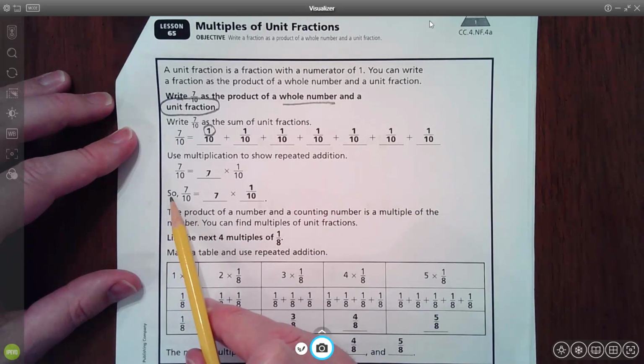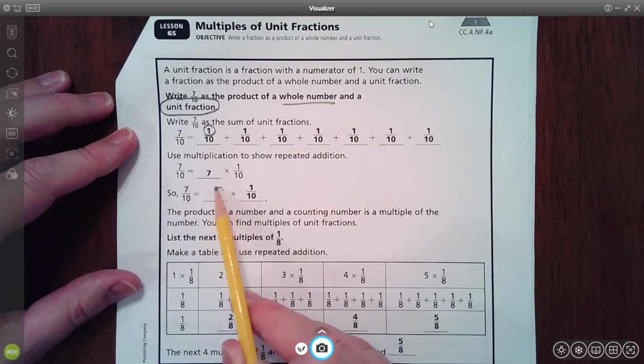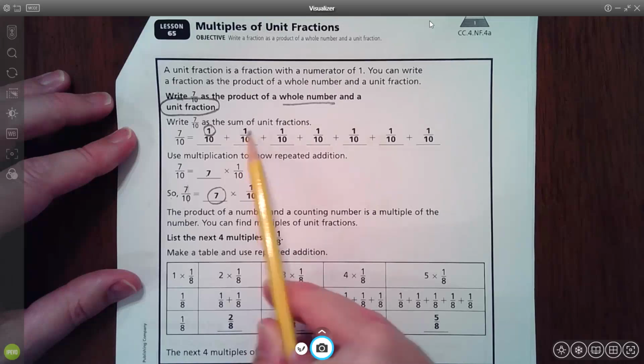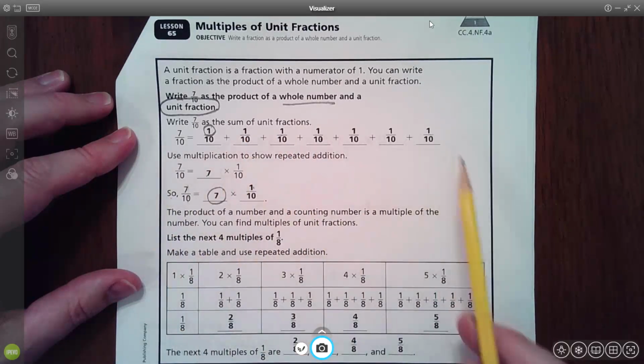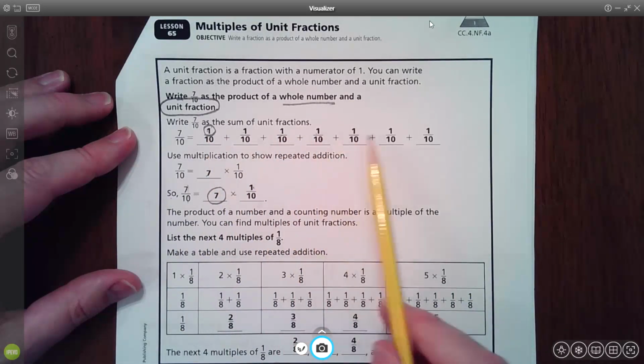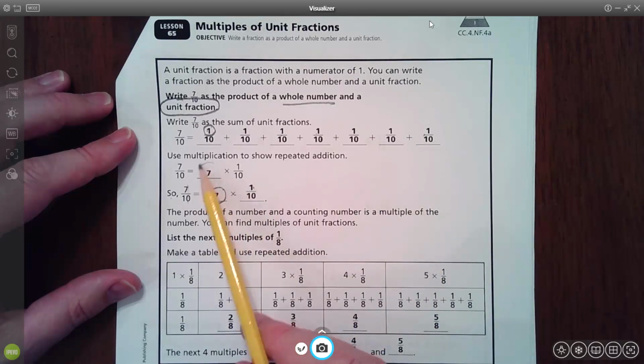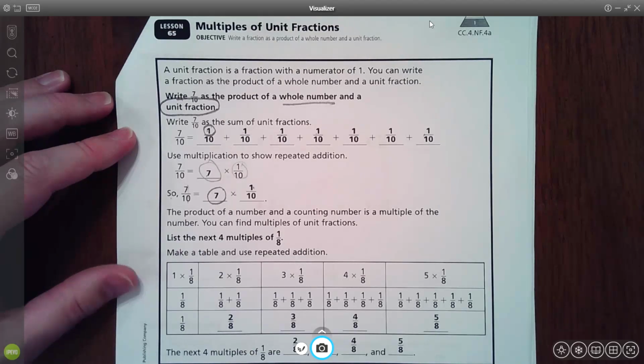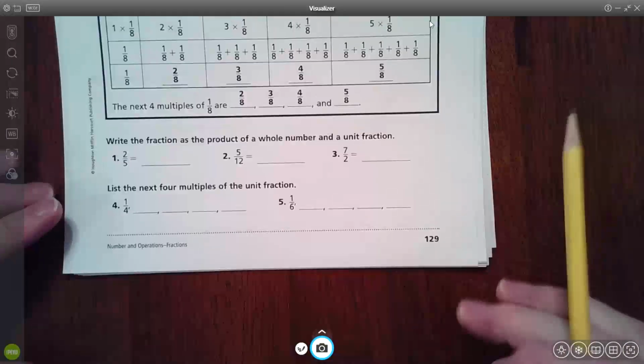So 7/10 is the same as 7, the whole number, times 1/10. But you kind of knew that already, right? 1/10 plus 1/10 plus 1/10 equals 7/10. So 1, 2, 3, 4, 5, 6, 7 of those. 7 times 1/10 equals 7/10. Okay? So I'll show you the example, and then you will be able to do this no problem.